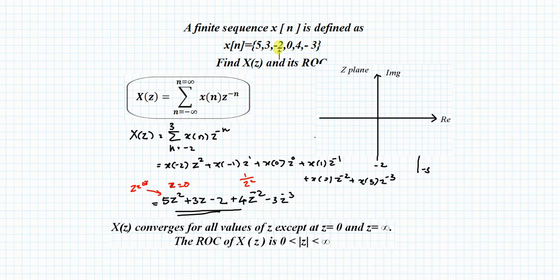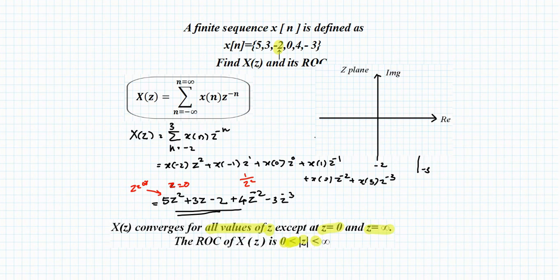So I can conclude like this: the result converges, or the Z transform exists, for all values of z except at z equal to 0 and z equal to infinity. In other words, z is greater than 0 and less than infinity.